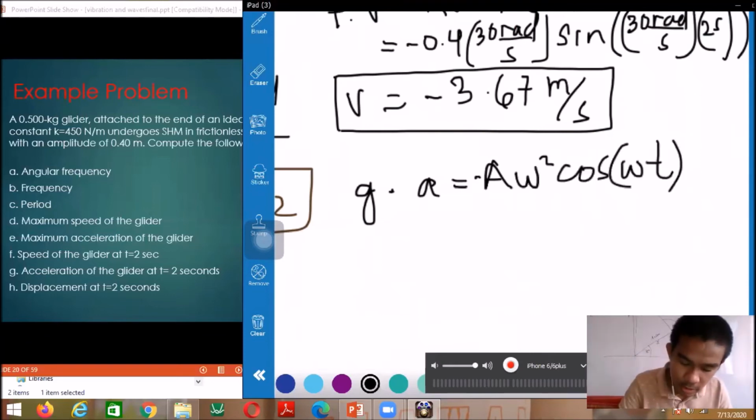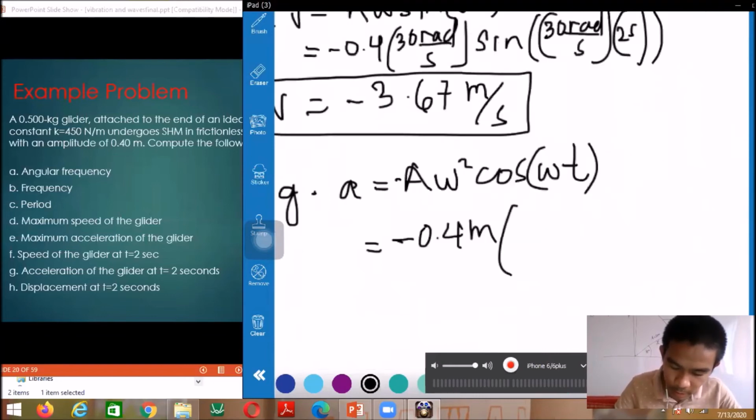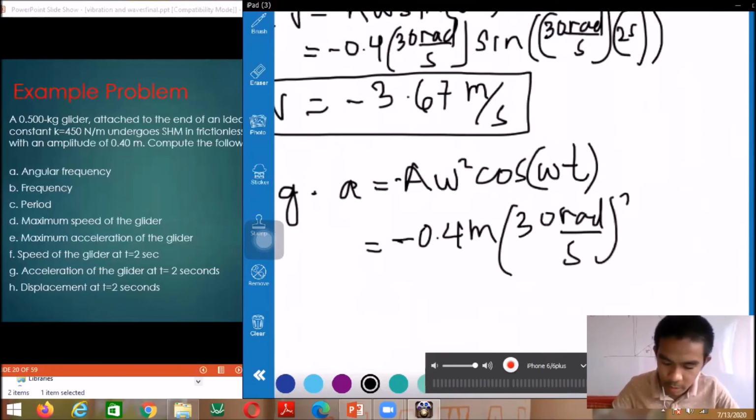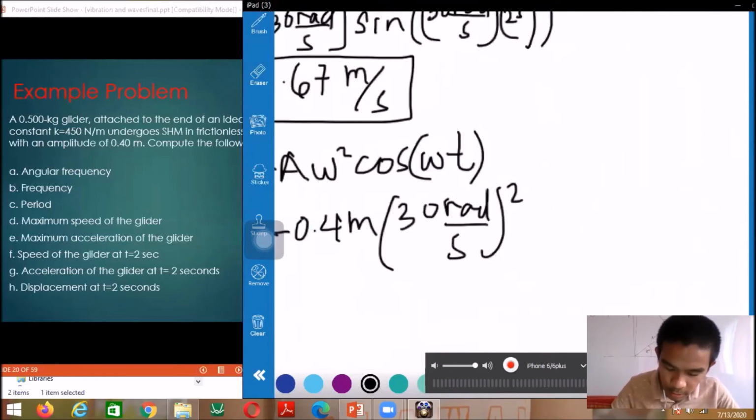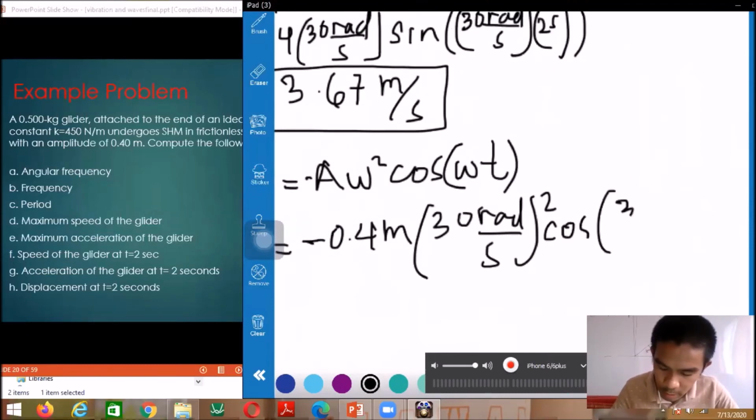Right. Then the amplitude is 0.4, so you have negative 0.4 meters times 30 rad per second quantity squared, then cosine of 30 rad per second times 2 seconds.